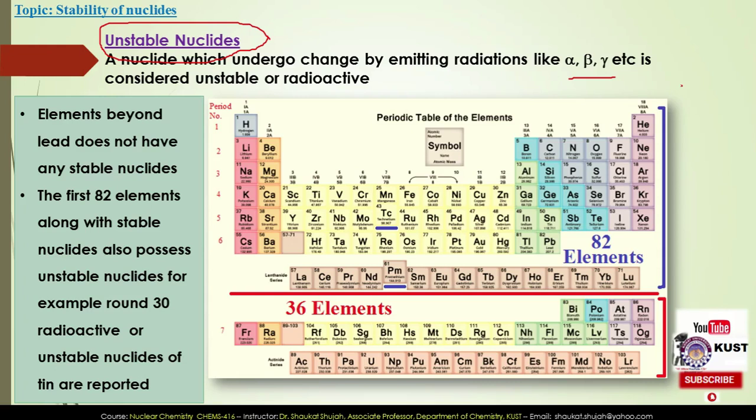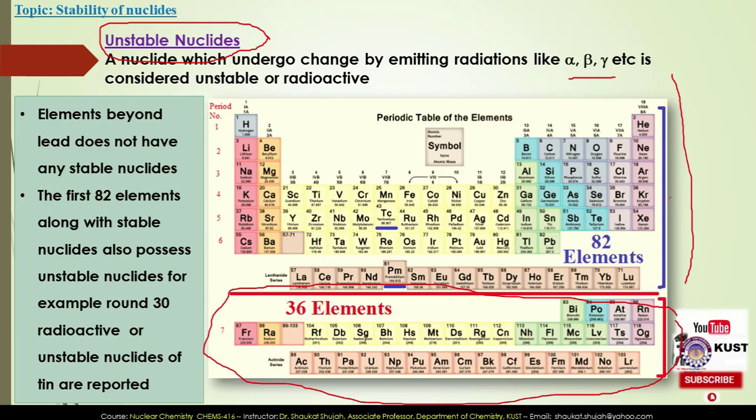Now, I have already mentioned that elements beyond atomic number 82 are unstable and they do not have any stable nuclide. However, it is important to mention that the first 82 elements also have unstable nuclides.